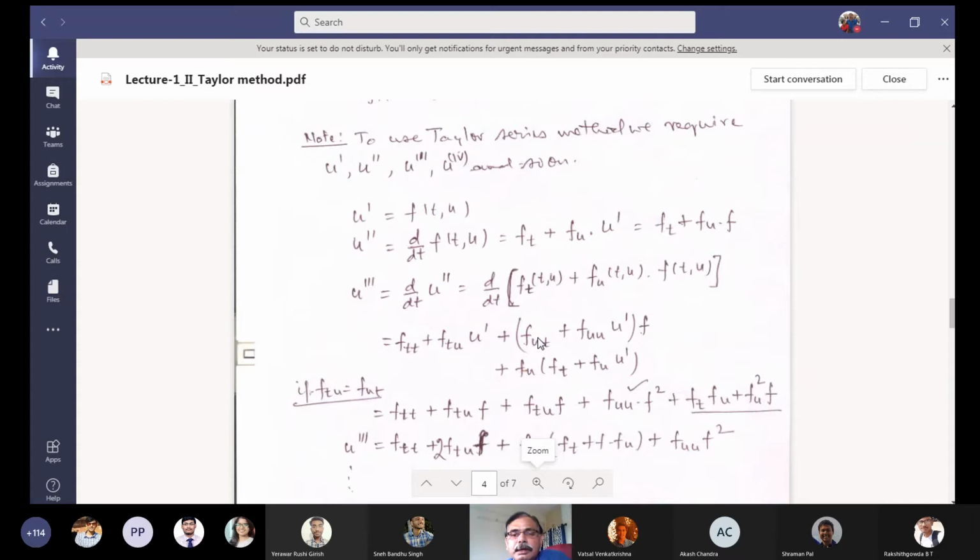So this is f_ut plus f_uu u prime, and then into f, and then we'll keep this fixed, that is your f_u, and then the d by dt of f will be your f_t plus f_u u prime, and u prime can be replaced by f.